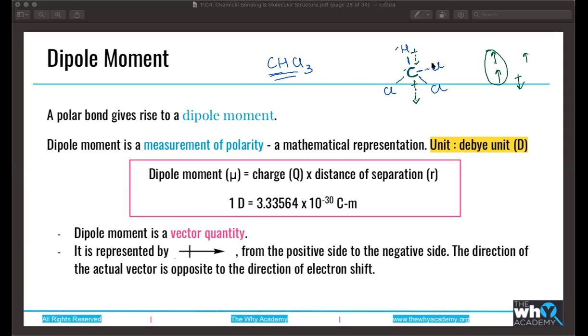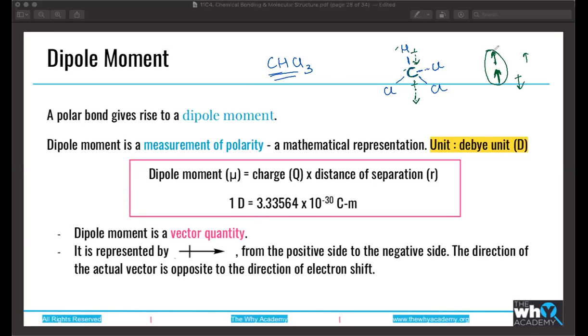So, if carbon is more electronegative than hydrogen, electrons move from hydrogen to carbon, so shouldn't that movement be upward? So the electron shift is going to be towards carbon, so that's why downward. The dipole moment is going to be upward, or the vector of the dipole moment is going to be upward.